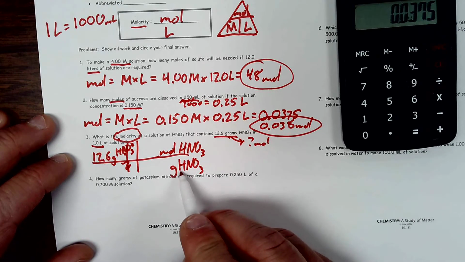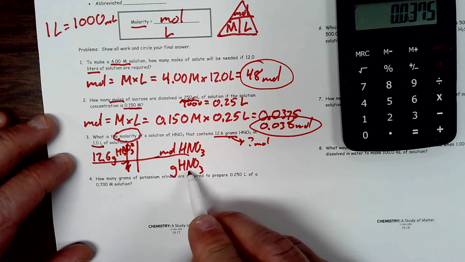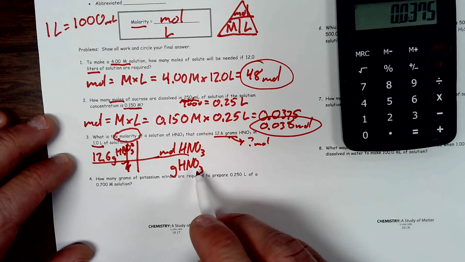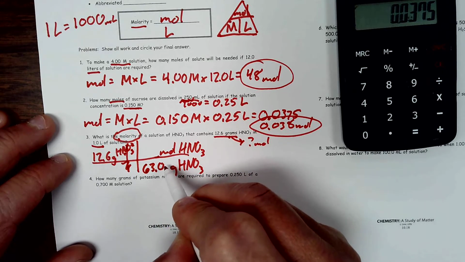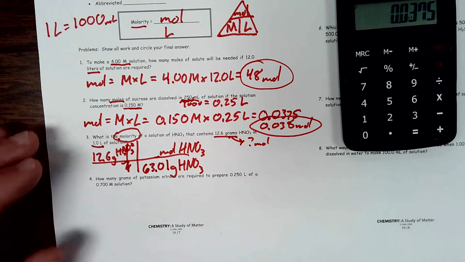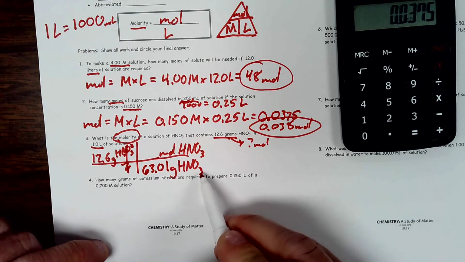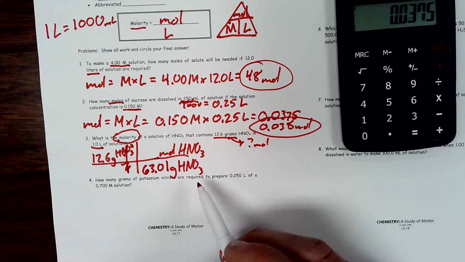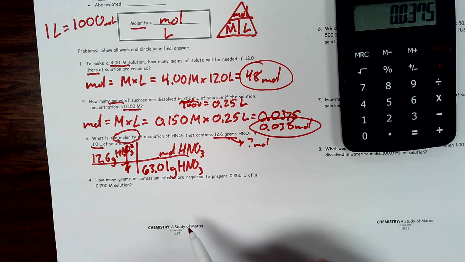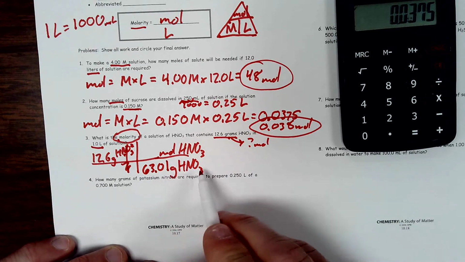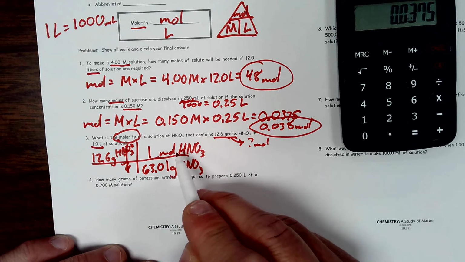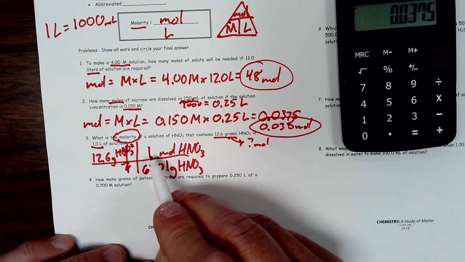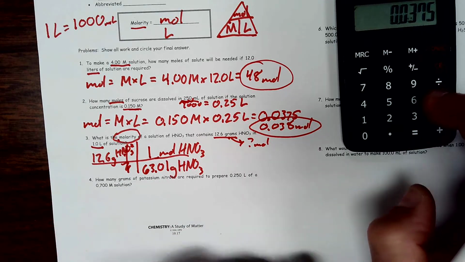I look up H, N, and 3 O's on my periodic table, and I add them all together, and I get 63.01, so that's going to go right here. A lot of times the molar mass will be given to you, but not always. So again, I'm looking those up on the periodic table if I don't have them, and multiplying by how many there are, and then adding them all up. And then molar mass is always with 1 mole. So that means I need to take my 12.6 and multiply by 1 and divide by 63.01.